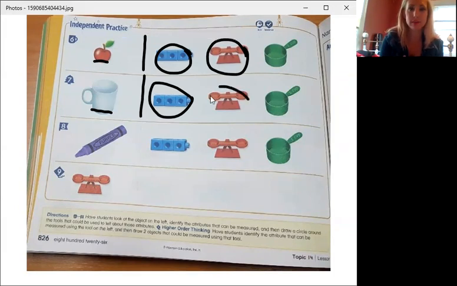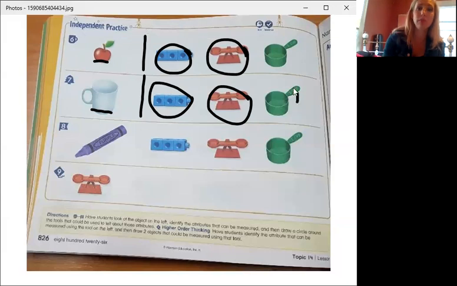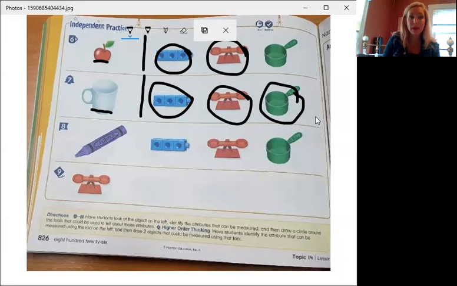Yes. Can you pour whatever's in the cup? We'll say it's milk. Can you pour the milk into the measuring cup? Yeah, it's a liquid. You can pour the milk into the measuring cup. So we can measure its capacity. Very good.